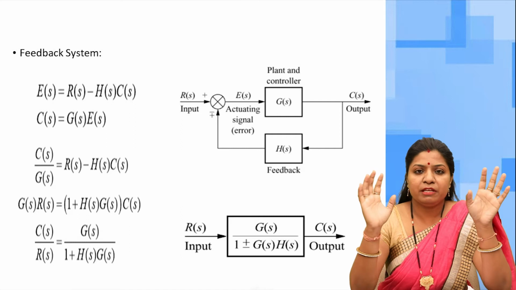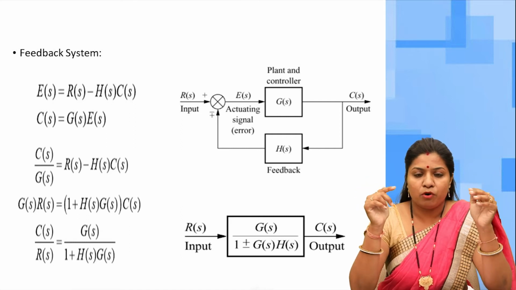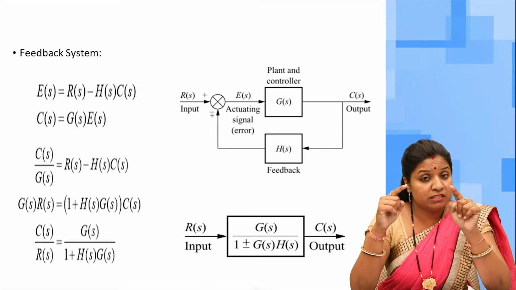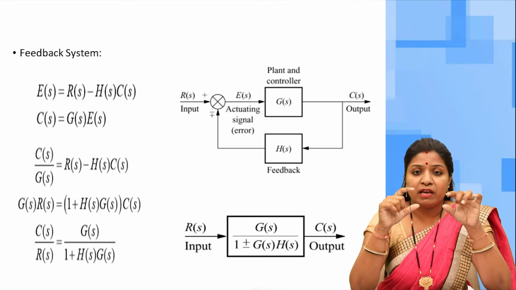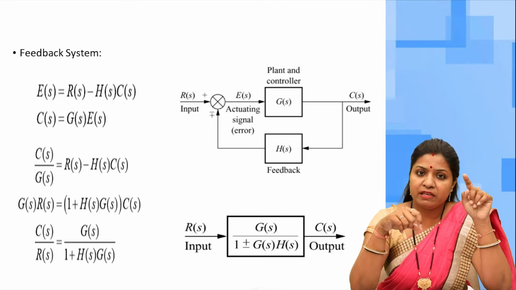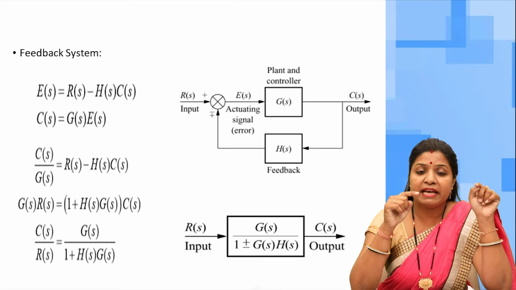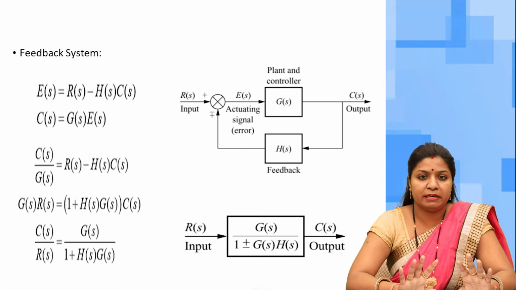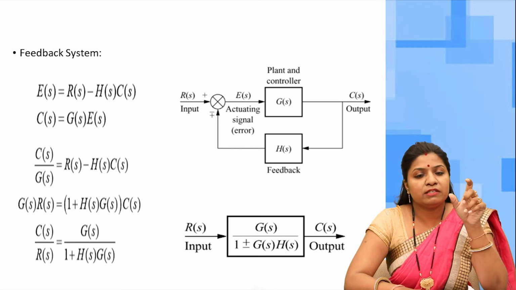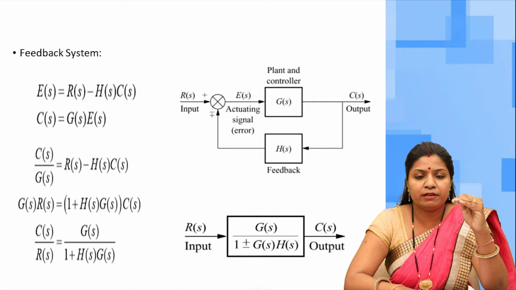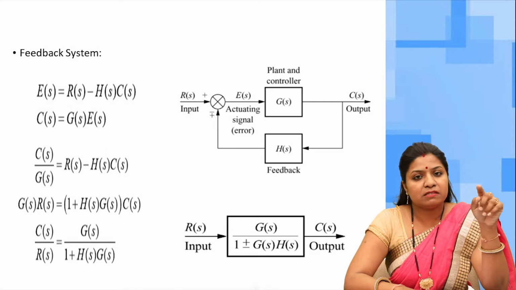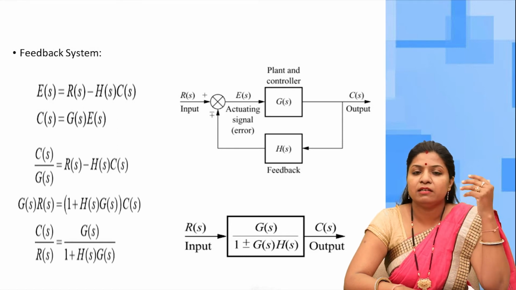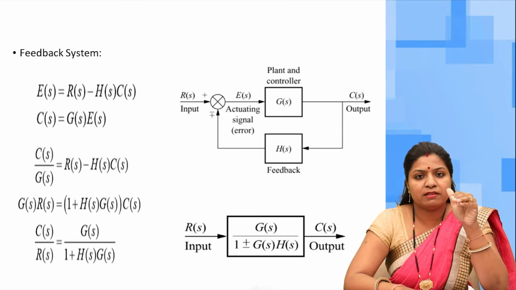You simply use the formula G(s) upon 1 plus or minus G(s)H(s). It is not always G(s) only or H(s) only; we take this because in this example G(s) is the forward block and H(s) is the feedback block. See the numerator and also the denominator: in the numerator you always put the forward path, and in the denominator you take 1 plus or minus forward path into feedback path. So the formula is G(s) upon 1 plus or minus G(s)H(s).